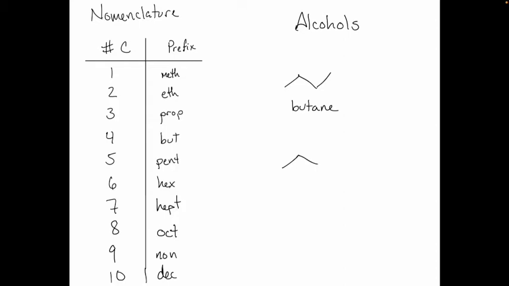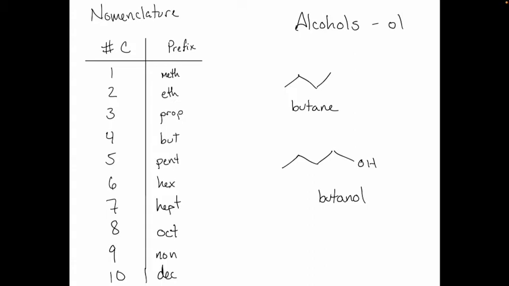If we have four carbons but now an OH group, this is butanol. We give alcohols the suffix -ol.